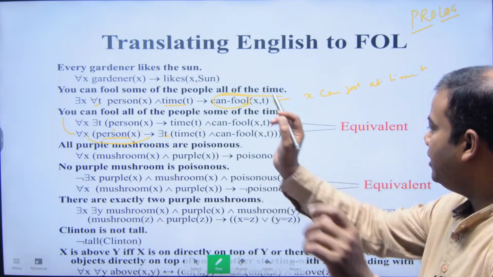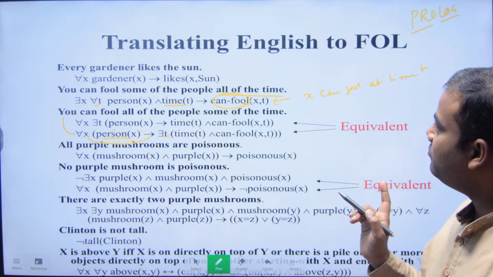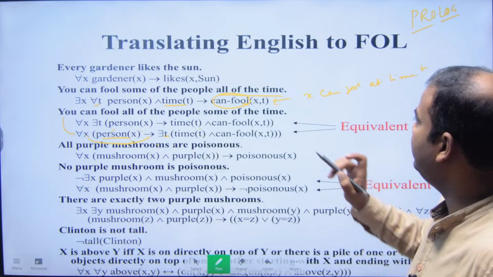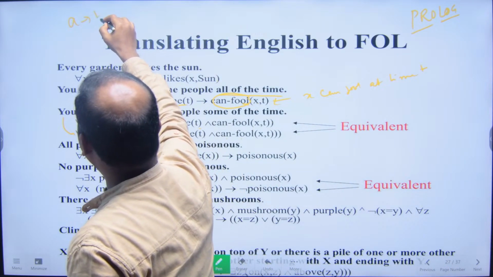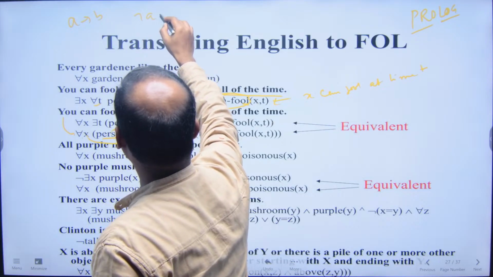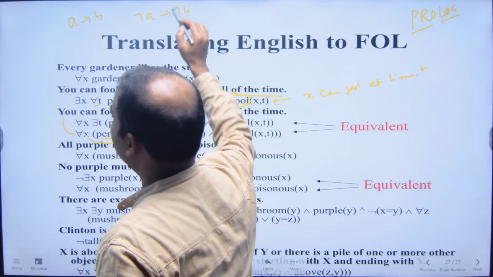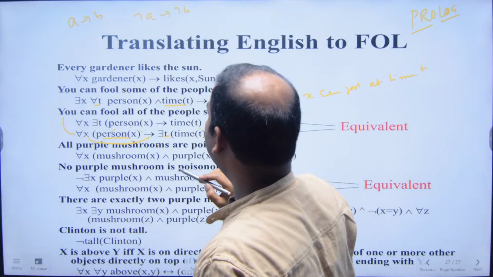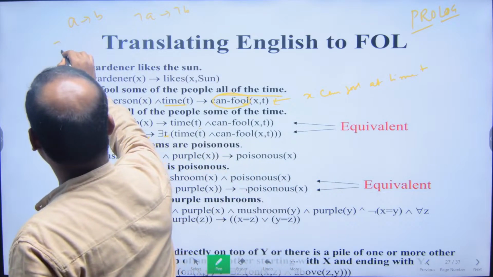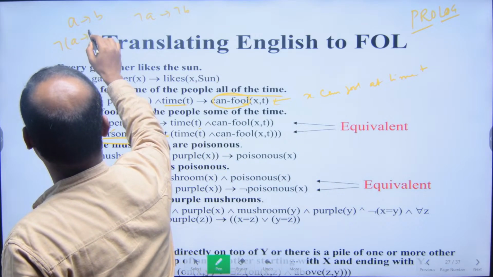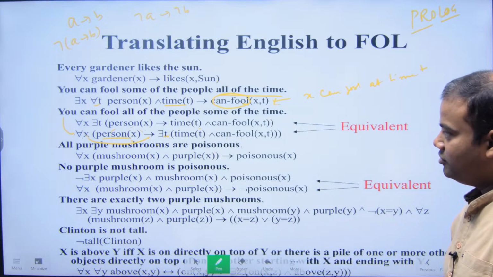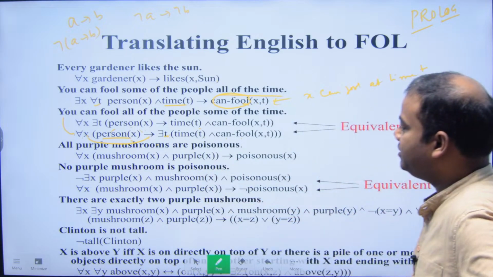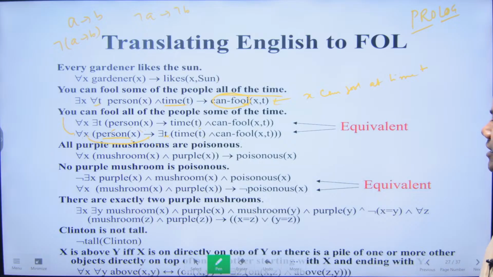So actually, what is the inverse? Inverse is not exactly the negation. Inverse means, if it is a conditional statement, the inverse is this. But what I am talking about is the negation of this statement. Can you write the negation of this statement?